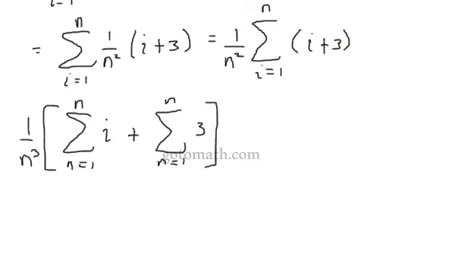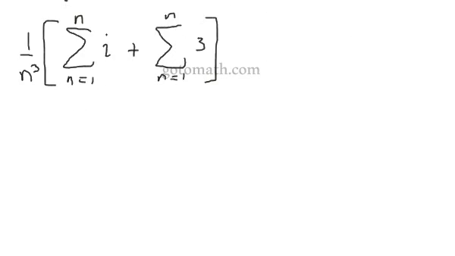So if you just remember the formulas that we used, remember what this was equal to right here. You've got to remember what this was equal to. This was equal to n times n plus 1 over 2, right?